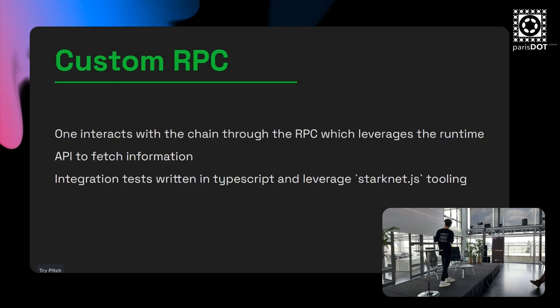But we finally did it, and so you can use all the Starknet JS tooling perfectly. There's no difference between using Starknet and a Madara chain right now. And we also leverage the runtime API to communicate between what's happening in the runtime and the RPC. And I think there are a lot of great resources within the repo to learn more about these kinds of things.